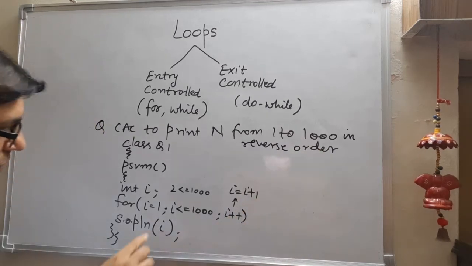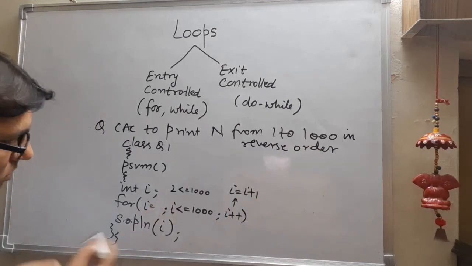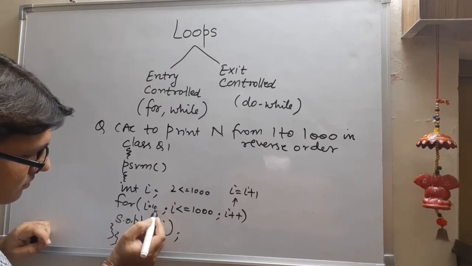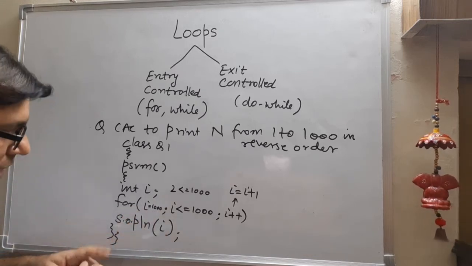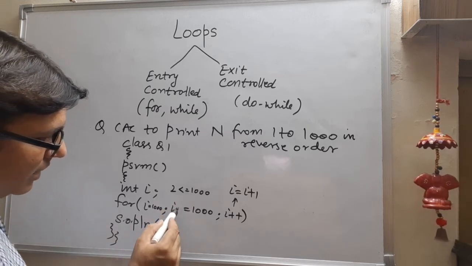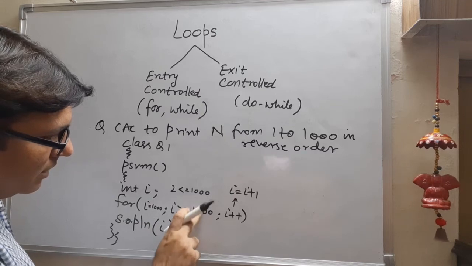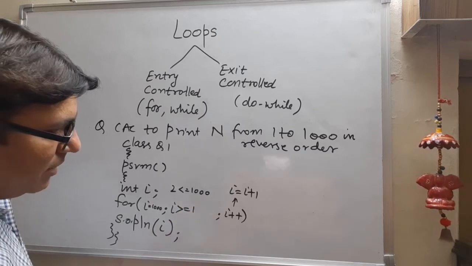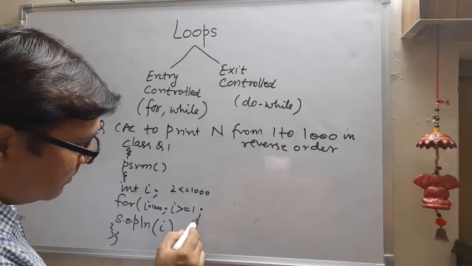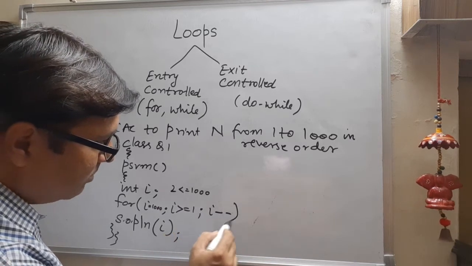So the initial value will become i = 1000, and instead of i <= 1000, this will become i >= 1, and instead of i++, it will become i--.